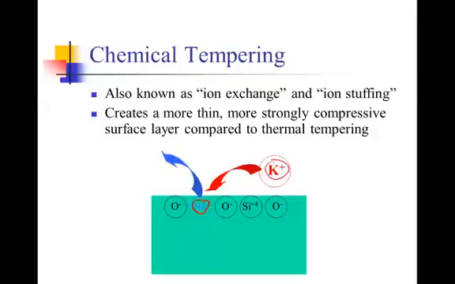ion. And some of the sodium ions leach out over time because of the concentration gradient between the ceramic and the solution, and they are replaced in some part by the potassium ions, which have to squeeze into that small space, and that induces a very thin but highly compressive surface layer, making a ceramic that is very, very strong.